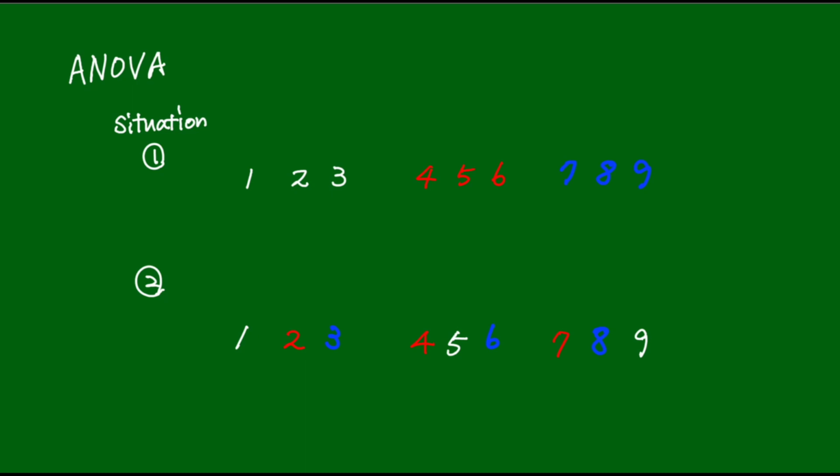So let me see. This is group 1, class 1, whose sample mean is actually 2, right? This is mu1. I don't want to say mu1 because this is the sample. So let's say this one is x1 bar.